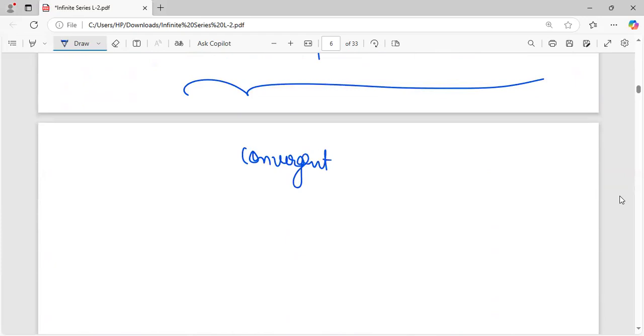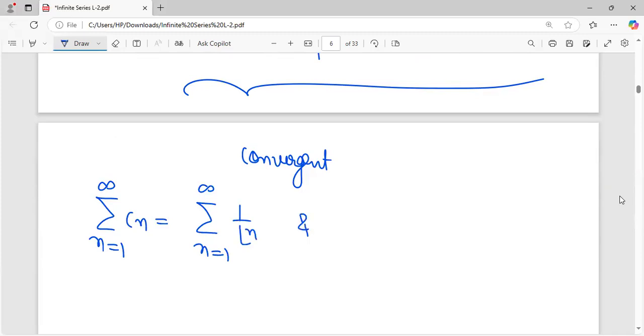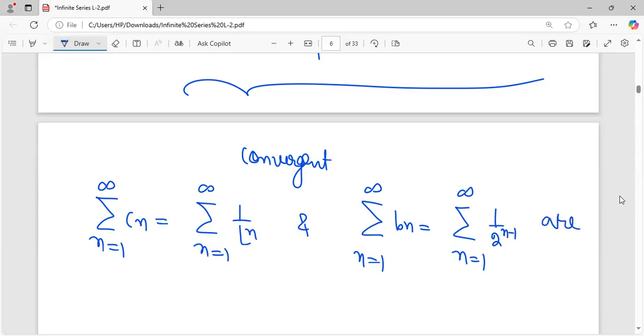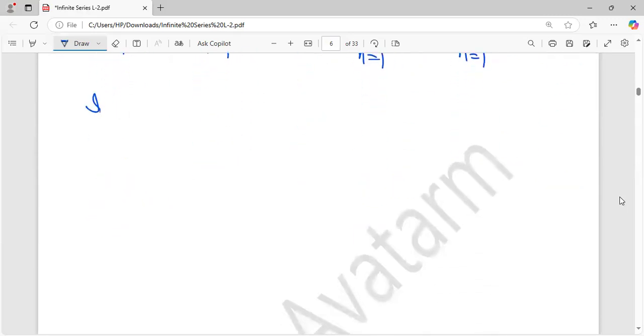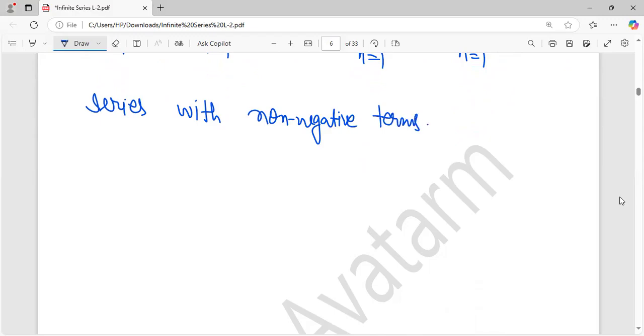And the series summation of c_n, that is 1 upon factorial n, and the series summation of b_n, that is 1 upon 2 to the power n minus 1, are series with non-negative terms, because 1 upon factorial n is non-negative and 1 upon 2 to the power n minus 1 is non-negative.